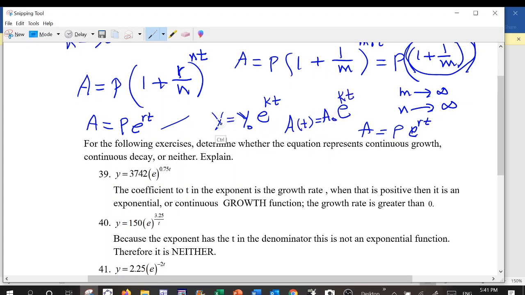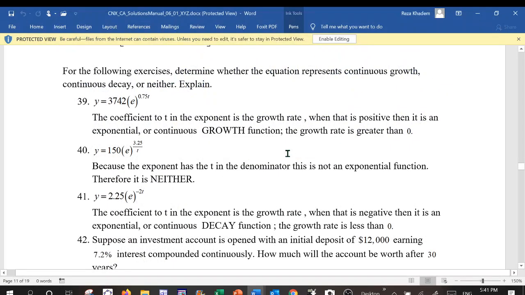Right? You might see these forms of the same thing. So here, A sub 0 is the initial amount, and A of t is the future amount. So if k is negative, you get exponential decay, and if k is positive, you get exponential growth. So in this case, it's growth. This is not exponential growth or decay, and the last one is exponential decay. All right?